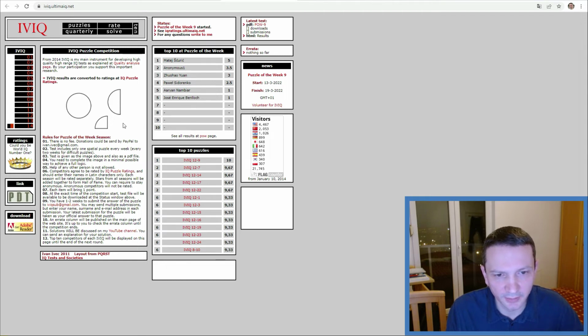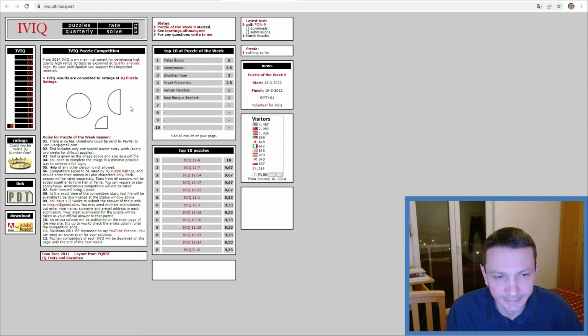Although I recommend this for fun and learning, not as a competition. Those puzzles will regularly tend to be somewhat simpler than in true IQ tests. Although, as you can see, some of them are really difficult.